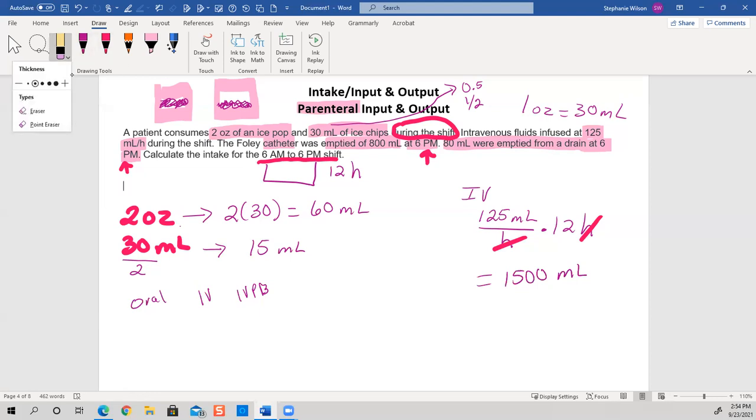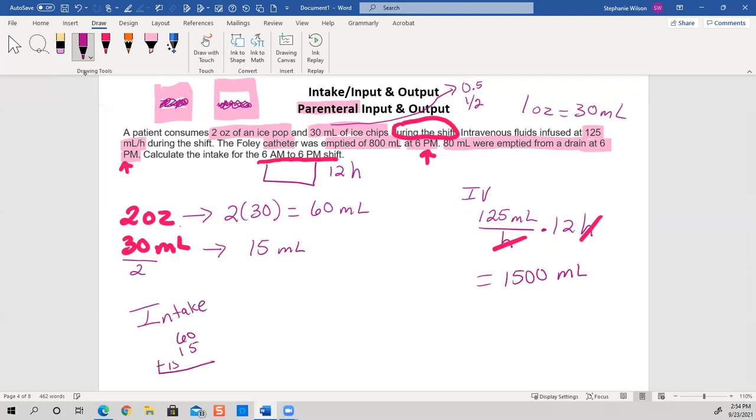However, right here, I'm just going to ask you, what is the total intake for this shift? To know that, I take 60 plus 15 plus the 1,500. We add it up, and we get 1,575 milliliters. Don't forget the unit. That is my intake for the patient on the shift.